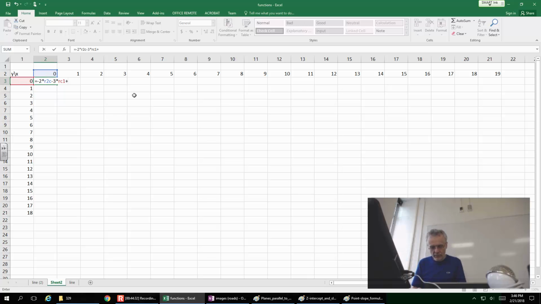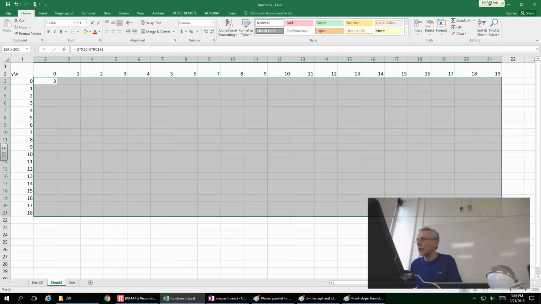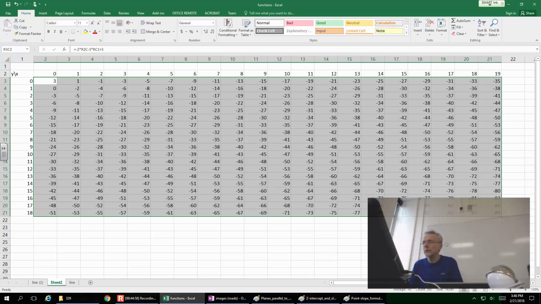So the formula is negative 2x minus 3y plus 3. Now I'm spreading it out, computing all the values of z within this square. So these are the z's in this square.